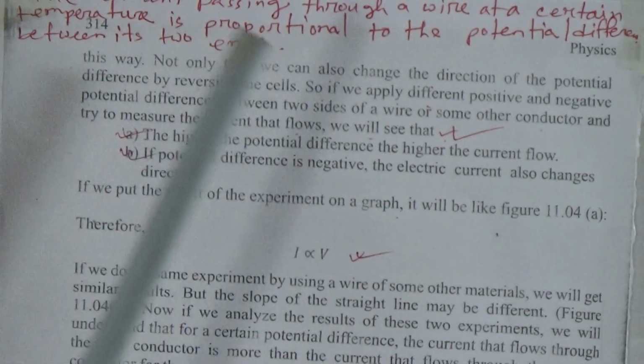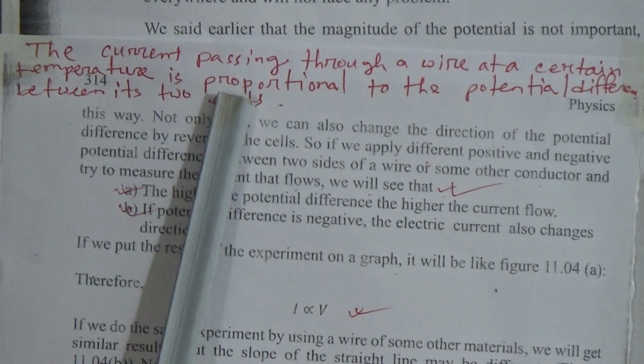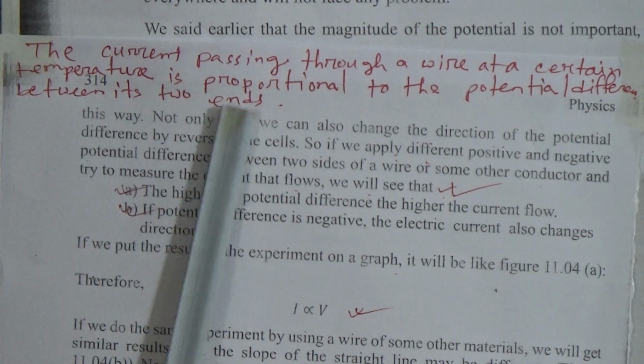My dear students, see here, according to Ohm's law, the current passing through a wire at a certain temperature is proportional to the potential difference between two ends.